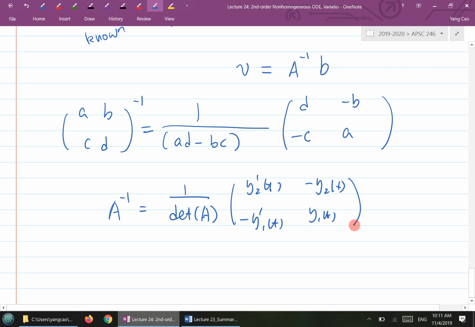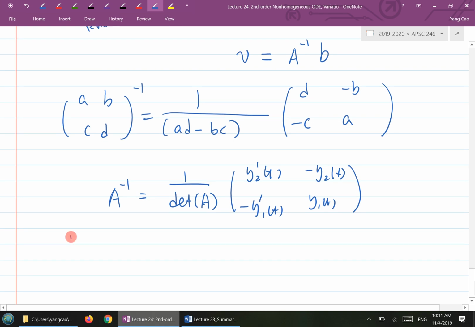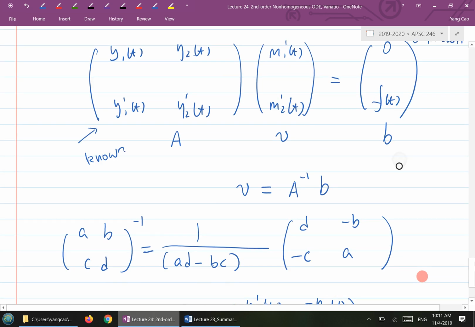So what is the determinant for this matrix A? You can also calculate it: you get y1(t) times y2 prime minus y2(t) y1 prime. That's the determinant of this matrix.